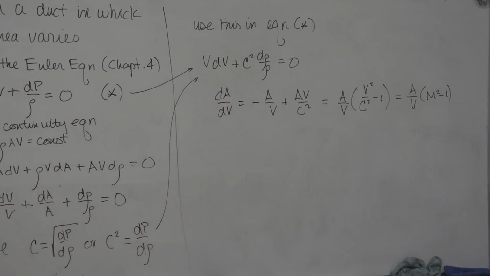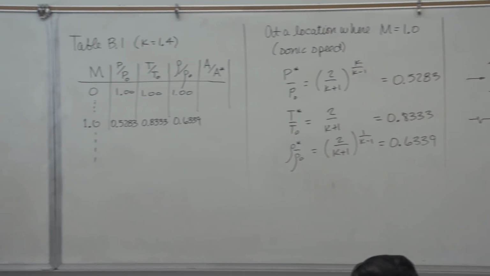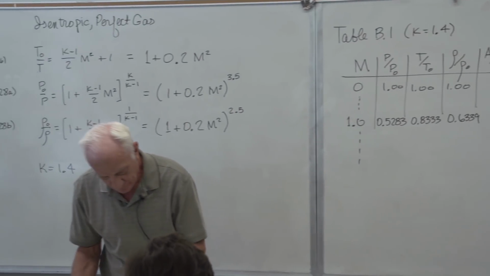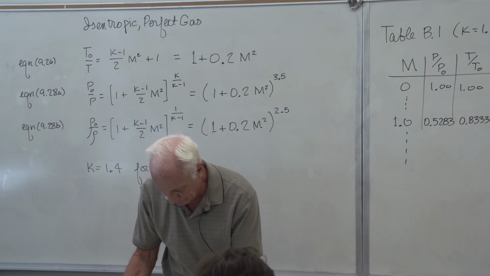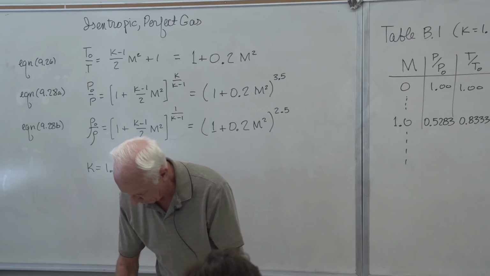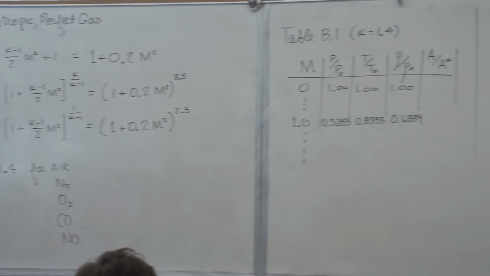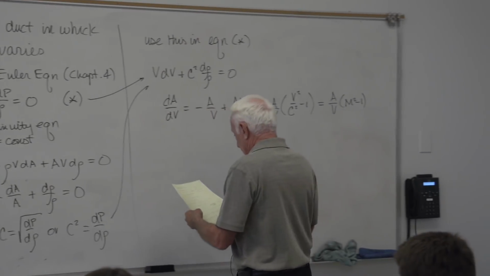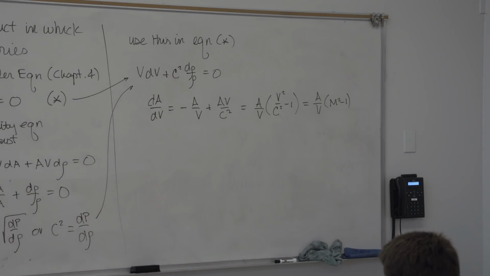So that is close to our final equation. Then we want to do one more thing to it here. dA dV, I think I want to make that a little bit simpler, so let me check what I want to write. That's okay, dA dV, yeah, that's fine.